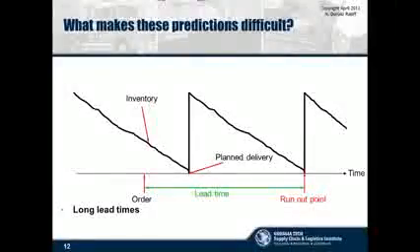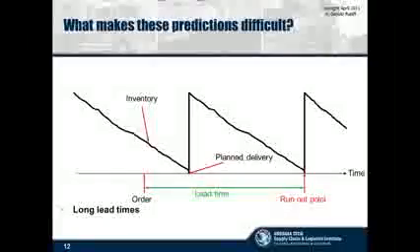Now, in addition, long lead times cause me a problem. If I know that I'm going to run out in a week and I can get product in a week, then I can make a pretty good prediction, generally, of what's going to happen during the week. If rather than a week, I'm talking about 6 months, it's much harder for me to predict 6 months in the future than it is a week in the future.